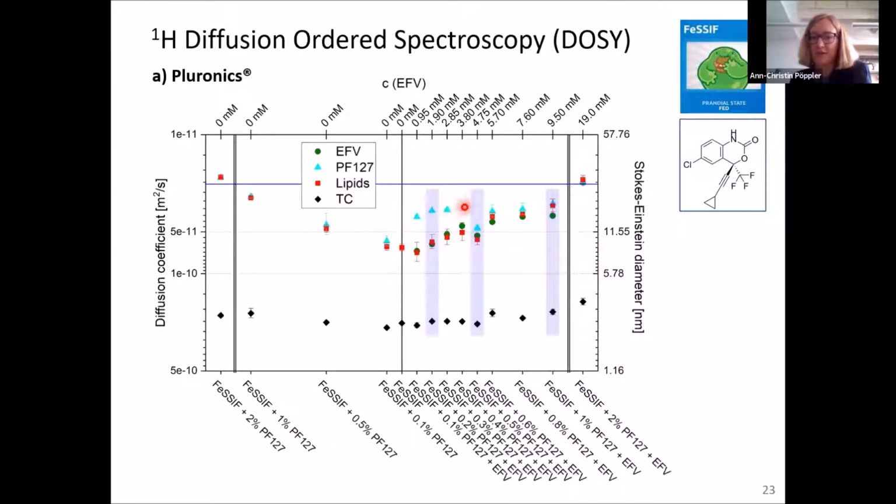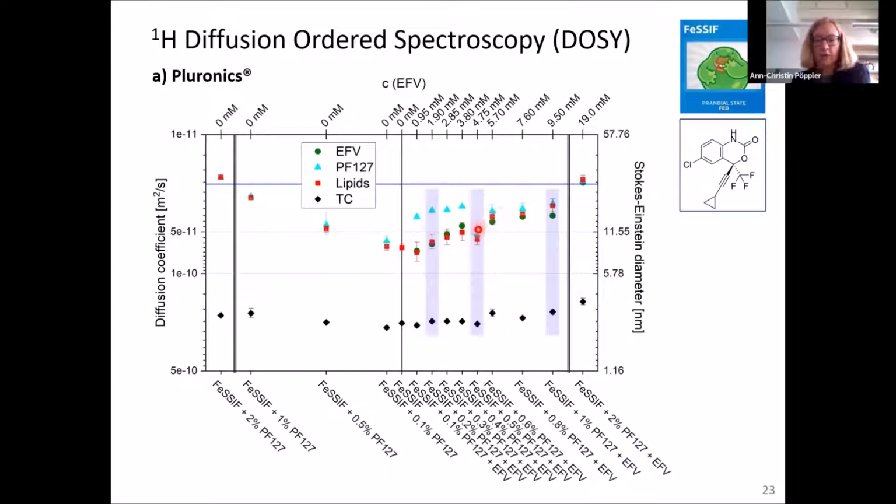So the polymer is in larger and more slowly diffusing particles, but not for the whole concentration range, but only until this point here, which is actually the solubility limit of evavirans in this intestinal fluid. And at this moment, if we want to add more of the evavirans, we need the support of the polymer. And from then on, we have a collapse into almost an equal diffusion, so one particle, and then we have again an increase with increasing concentration.